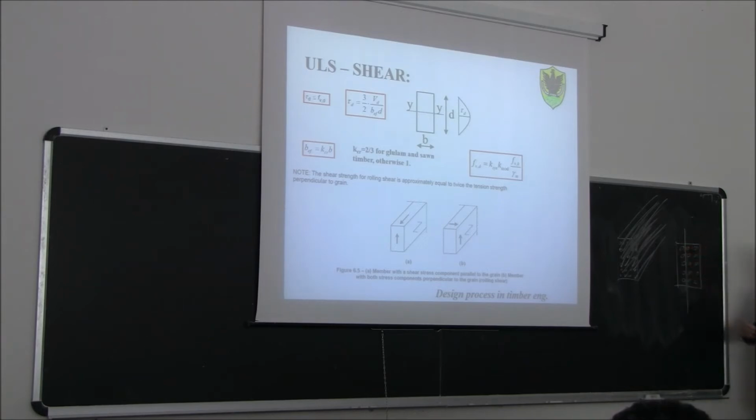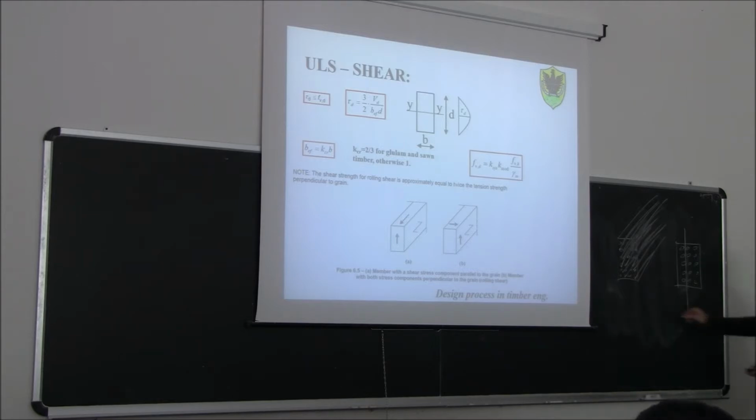But is there a way to break the wood by not intersecting the fiber in this plane? Yes, there is a way. So this is a potential shear plane where the strength is expected to be very low.